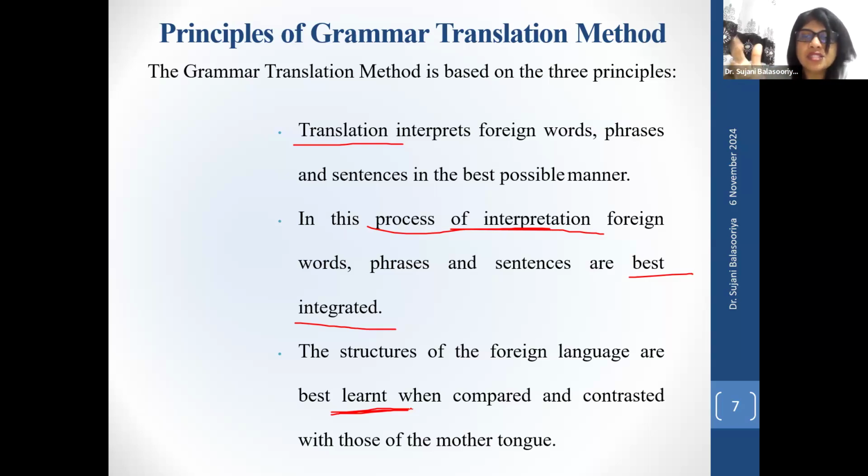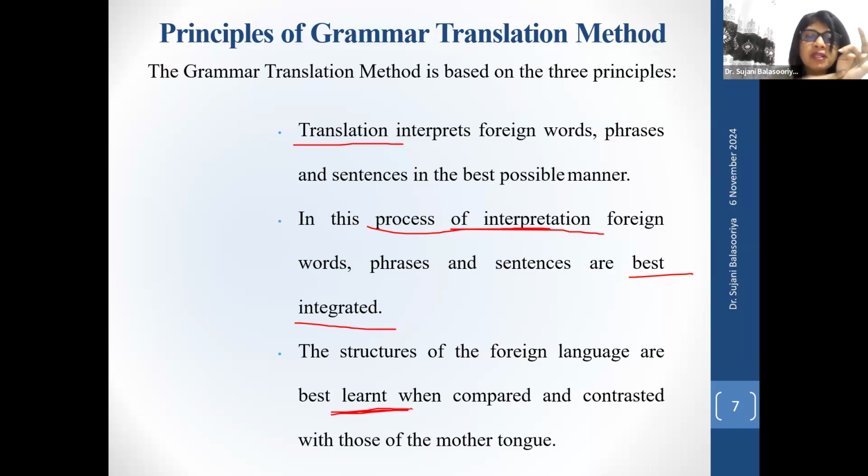Okay, by reading these lines, you might think these are complicated. No, actually, they are not that complicated. Simple ideas are there. Sometimes you might have to read it twice or maybe thrice to grab the idea, but I told it very simply. Translation is considered to be best, and the second principle, interpreting target language elements correctly, best integrated.